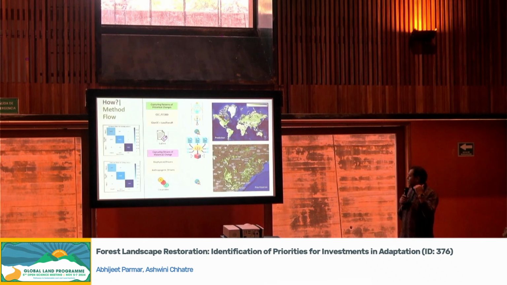So we have a base map, which says that a particular pixel has the highest probability to be restored in the future. Now you take that pixel, and depending upon your objectives, we feed it into a decision tree.